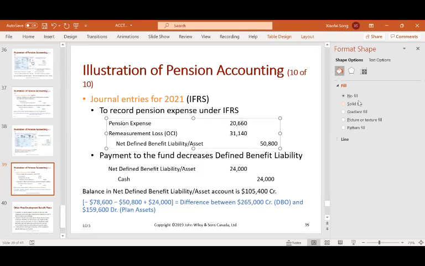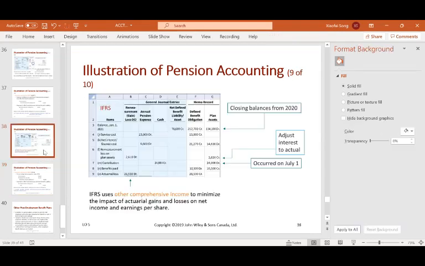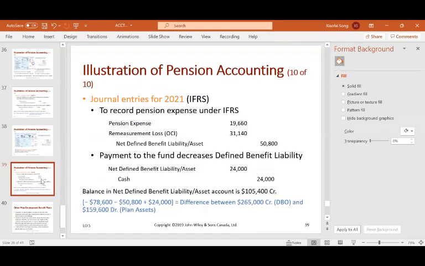Oh, yes, that's 31. 19,900. Let me add up here. Let's see what shows here. Oh, that didn't show the total here. So that's no excuse, but now we get it correct.